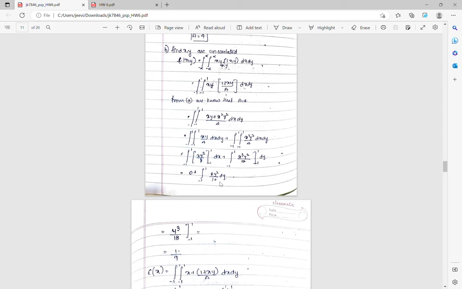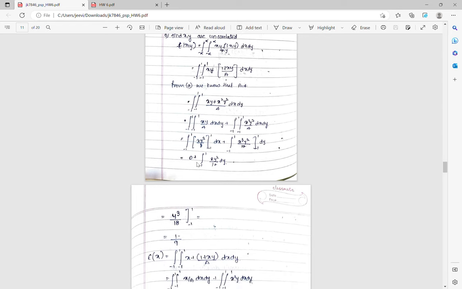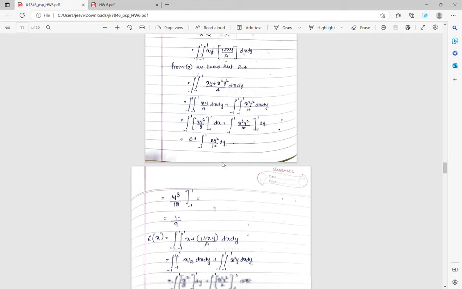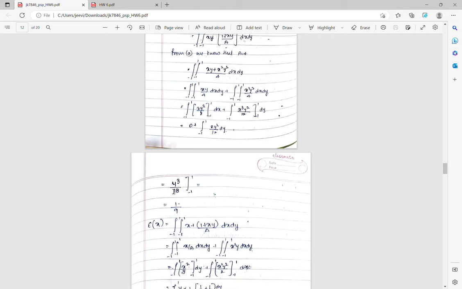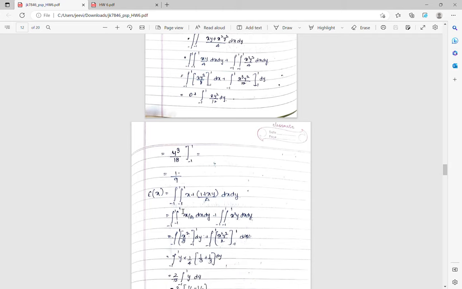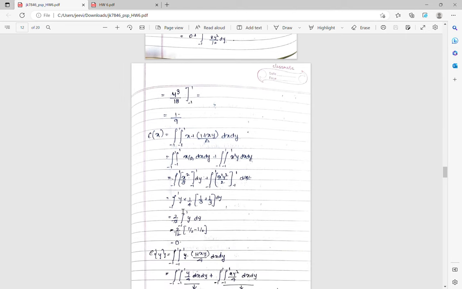Upon solving this and simplifying it, we will get the integral from minus 1 to 1 of 2 y square by 12 dy, which is equal to y cube by 18 from minus 1 to 1, and the value will be equal to 1 by 9. Now let's calculate the expected value of x, which is equal to the integral from minus 1 to 1 of x times (1 plus xy)/a dx dy.